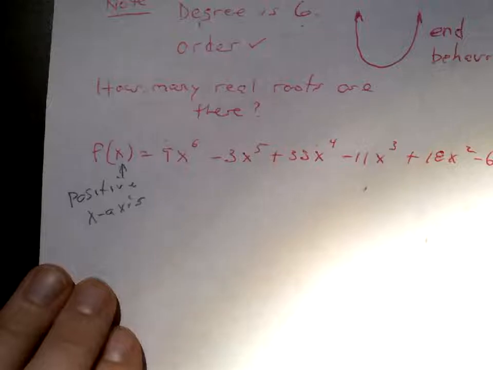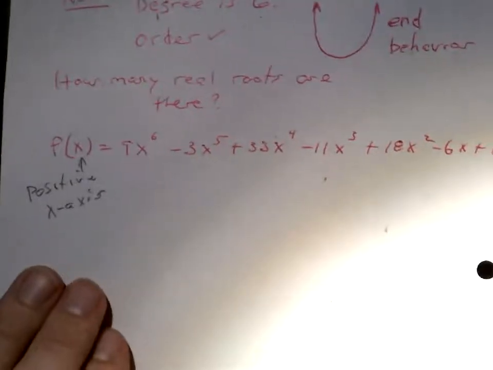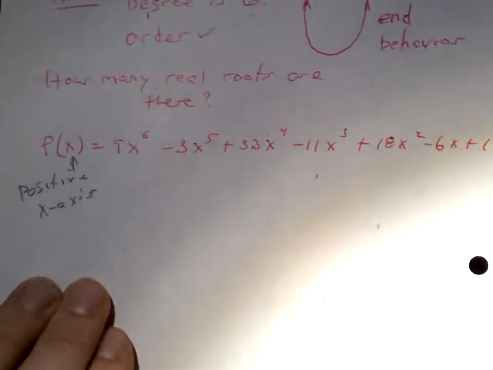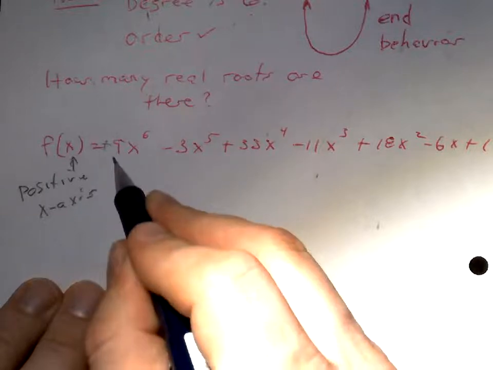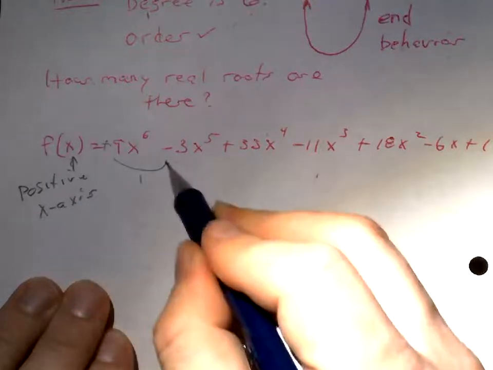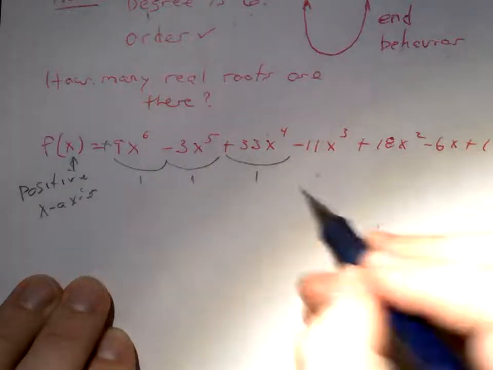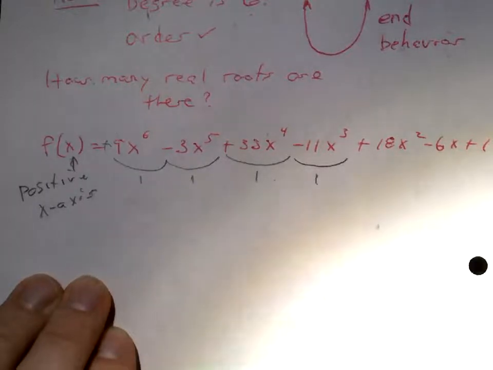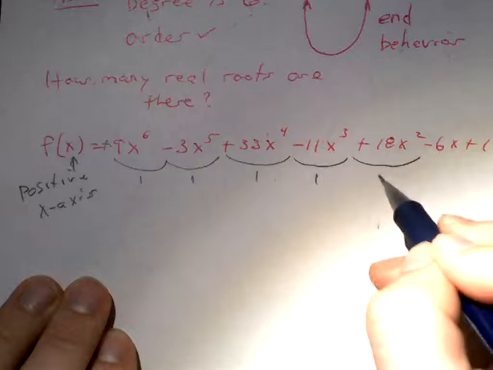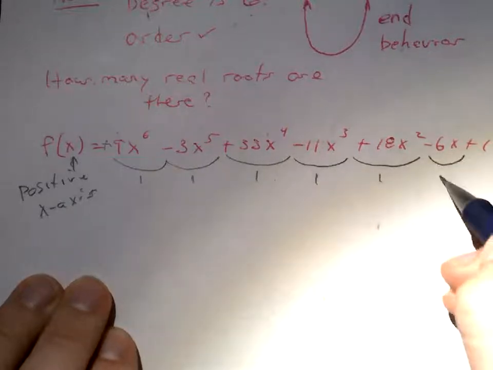Let's count how many sign changes we have. Well, here's positive. We have 1, 2, 3, 4, 5, 6.